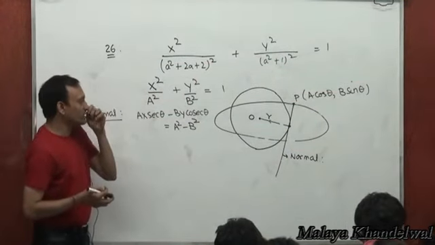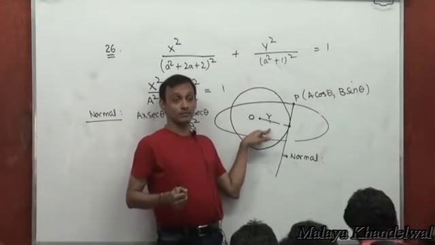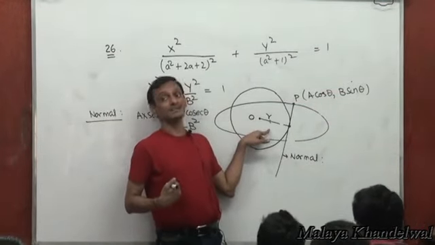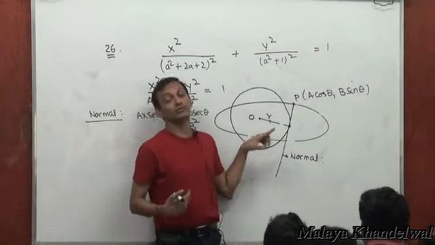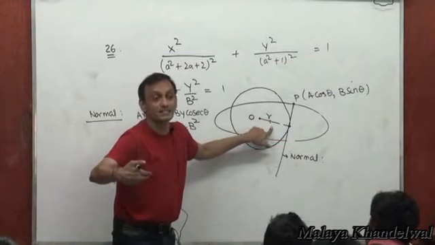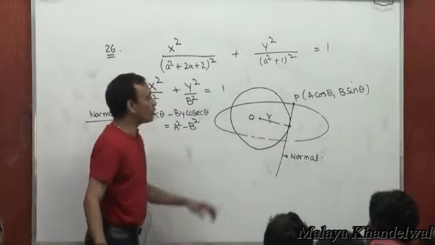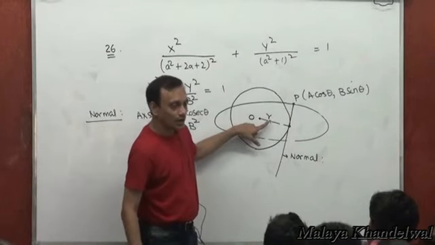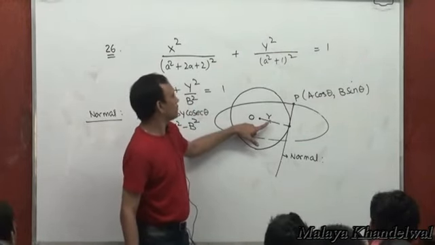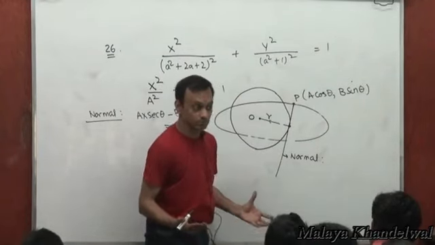We want to find the maximum value of r, or rather we want to find small a such that small r is the maximum it could be. That's the intention here. Clear?